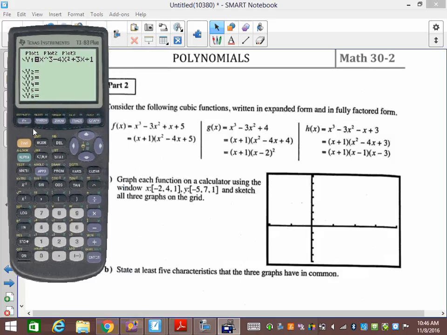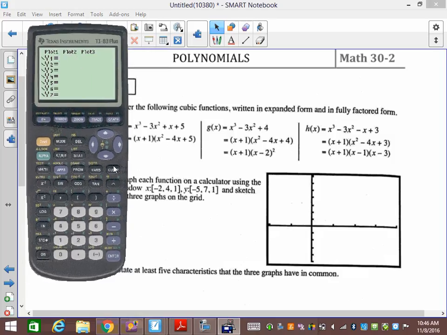Then I'm going to go to my y equals, and I'm going to type that one in. So x cubed minus 3x squared plus x plus 5.